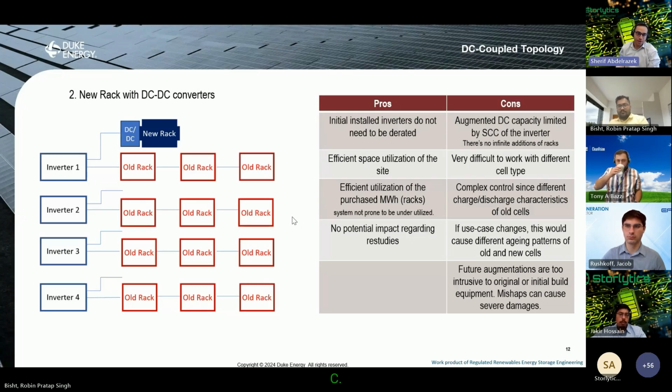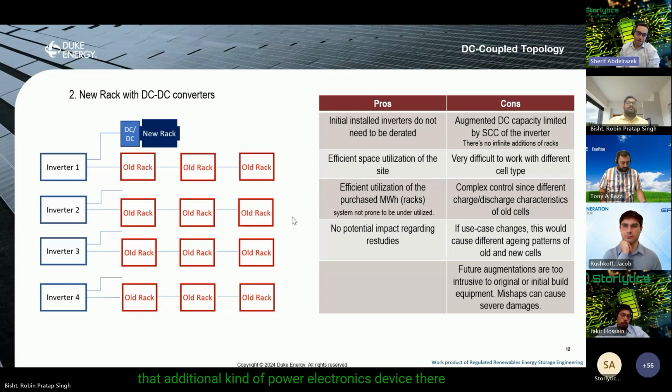In addition to the point Robin made about control complexity, there are also the losses associated with that additional power electronics device. And even more impactful, in my opinion, it goes against the whole reason you would be doing augmentation, right?